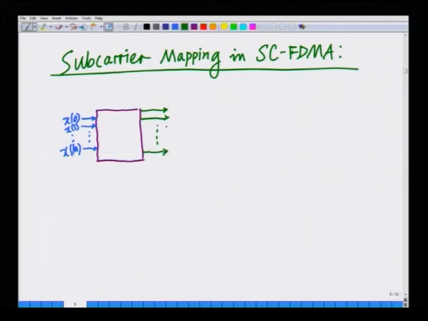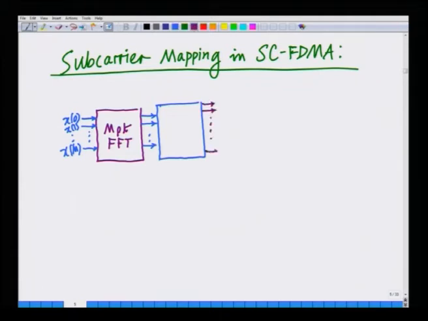capital M. Here I am performing the M point FFT, and the M point FFT yields me symbols which I am now mapping to the capital N subcarriers.